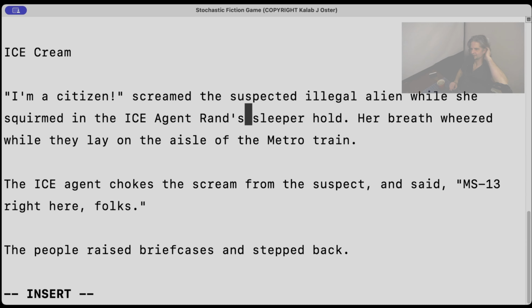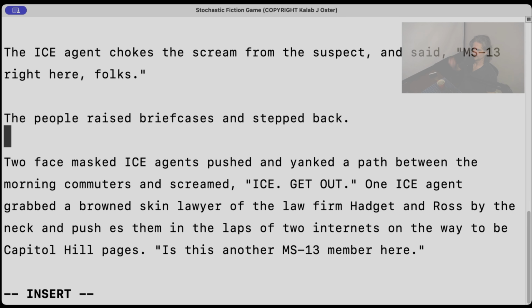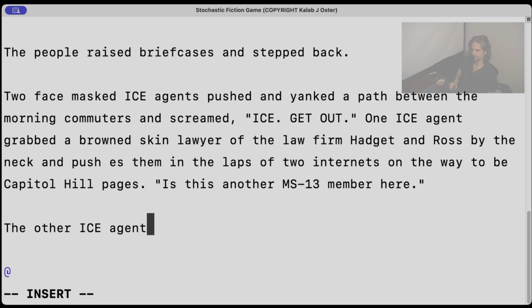"I'm a citizen," screamed the suspected illegal alien while she squirmed in the ICE agent Rand's sleeper hold. Now I got at least a name. Agent Rand. Squeezes there.